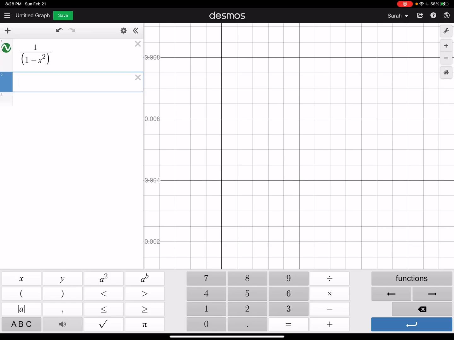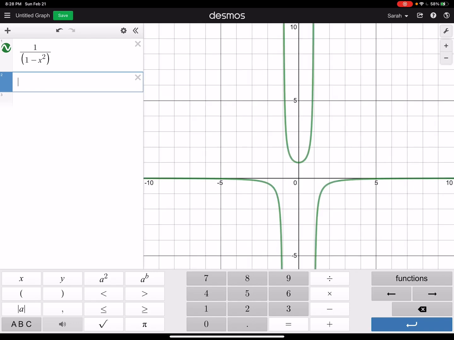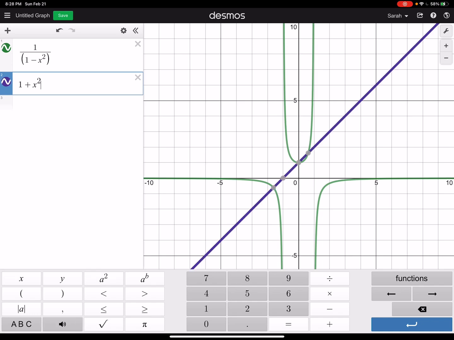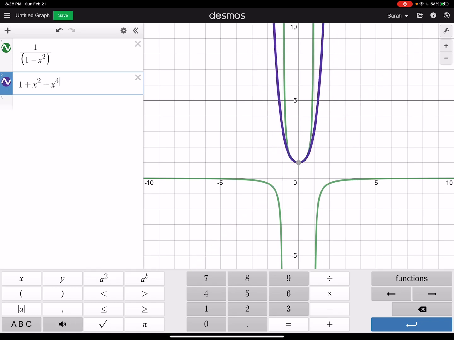So that's going to be my green graph. And then let's go and do 1 plus x squared plus x to the 4th plus x to the 6th. We're going to go 5 terms plus x to the 8th. That's 5 terms. And what do you notice?